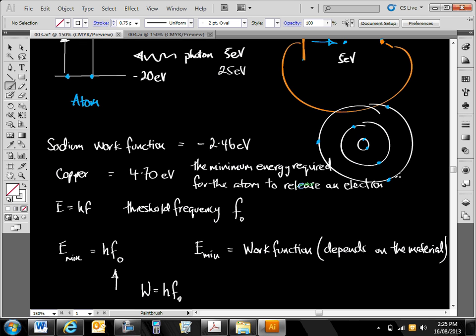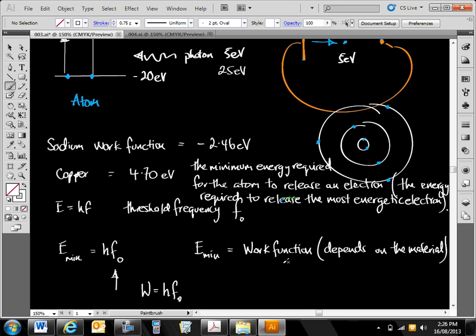There's another way to say it as well, which sounds contradictory. It's the energy required to remove or release the most energetic electron.